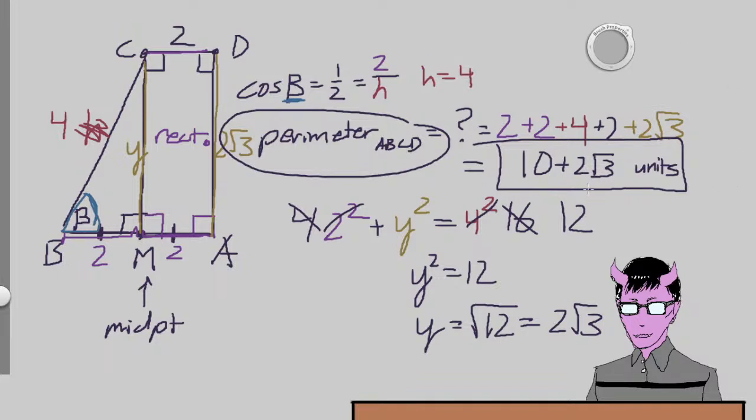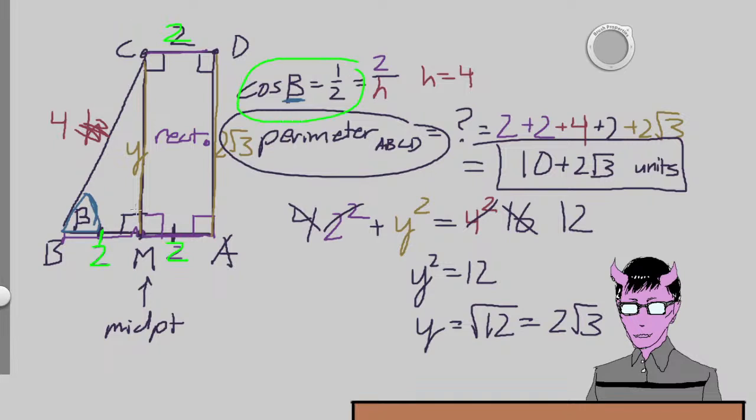So that's the answer, but in review, we were given this 2 initially. We figured out that this whole thing is going to be a rectangle, so therefore if this is a 2, then this one's a 2. Since this is congruent to this one as a given, then we know this one here is also a 2.